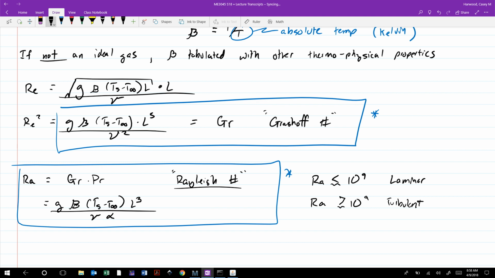What's nice about this is that even though it is a more complicated expression than the Reynolds number for flow over a flat plate, it's still very easily computed once you know what kind of fluid you're working with and you have some idea of the length scale that this natural convection is occurring on.